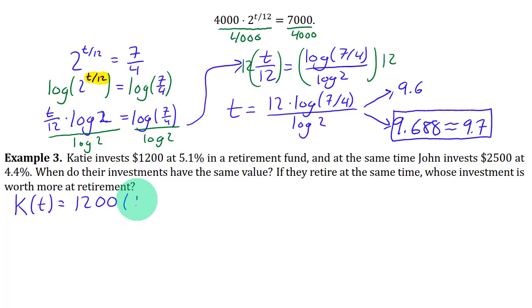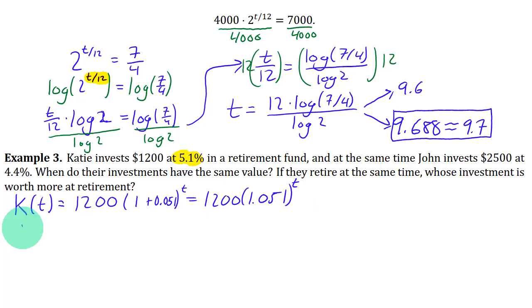So we're going to use the formula 1 plus r to the power t, where r is the interest rate, which if you write it as a decimal is 0.051. So in other words, that's going to be 1,200 times 1.051 to the power t.